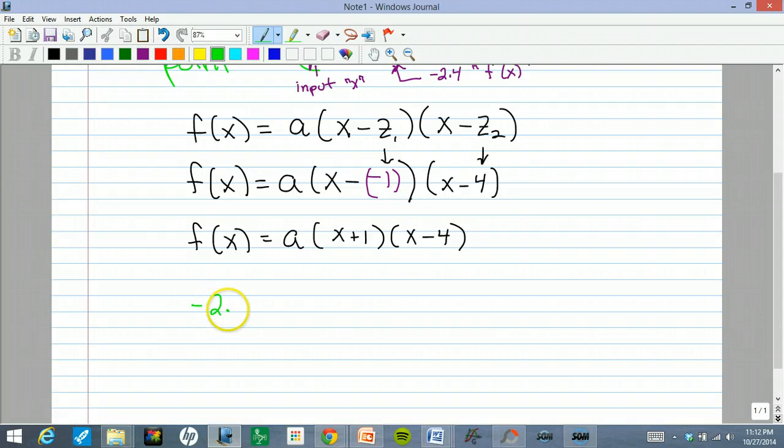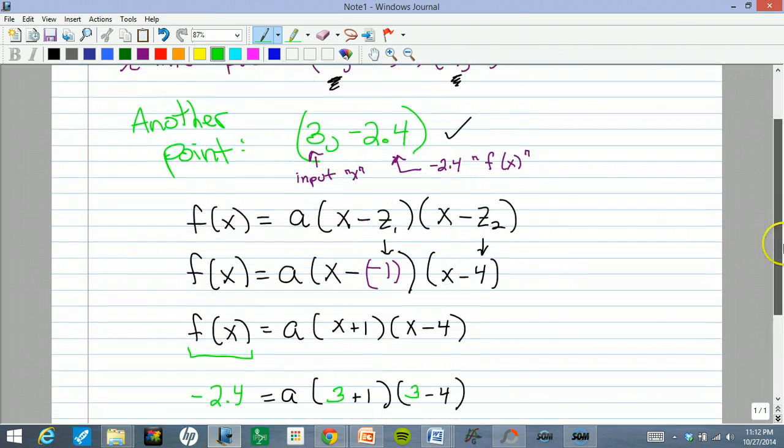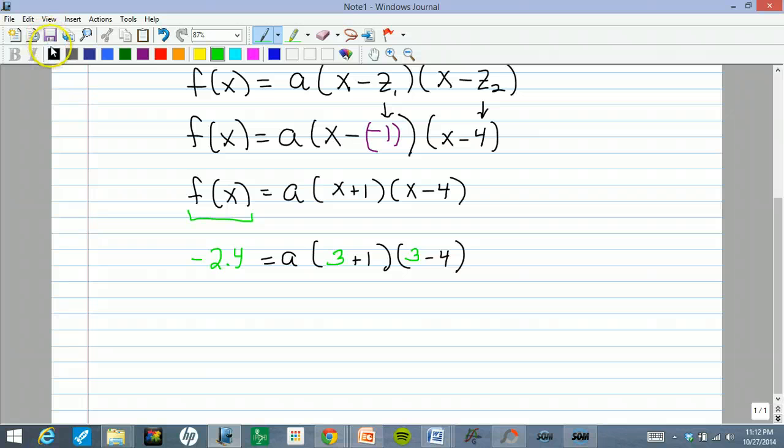Output negative 2.4 when we input 3. So negative 2.4 equals a times, let me fill in the 3 using a little bit of color. There we go. That's true. And now we just solve for a. We have one equation here with one unknown. We can do this.